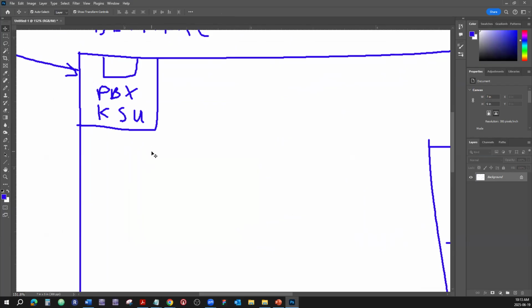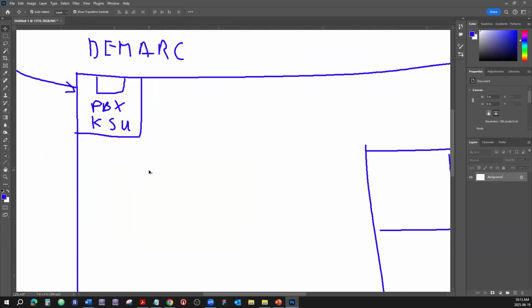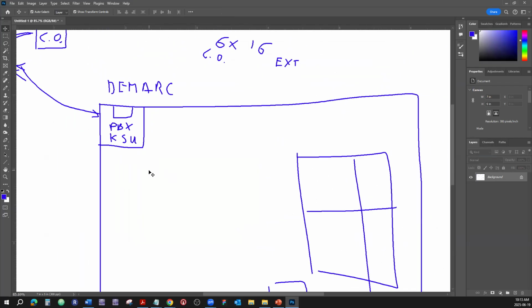You're talking 16 extensions, 20, maybe 25 extensions. If you are talking about PBX, private branch exchange, then usually that is a bigger telephone system that accommodates maybe 800 telephones, 1,200 telephones, or whatnot.